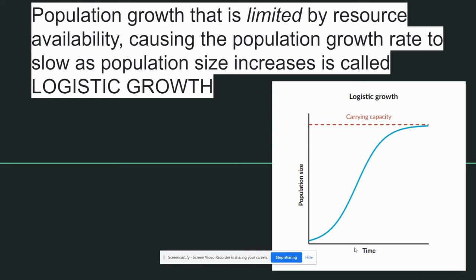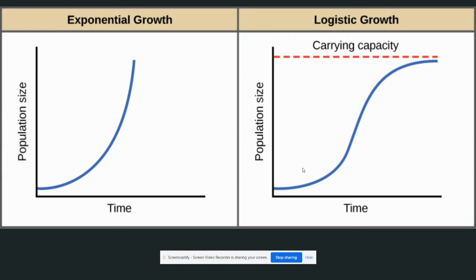So just like always, time on the x-axis and population size on the y-axis. So here are both our graphs. Exponential growth: the rate of growth is increasing, increasing, increasing really quickly, and we have a huge explosion of population size. And if this was true, it would just grow on forever.